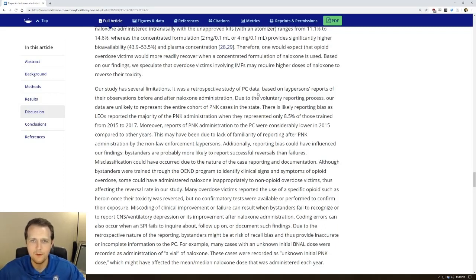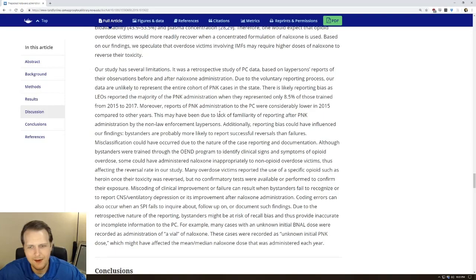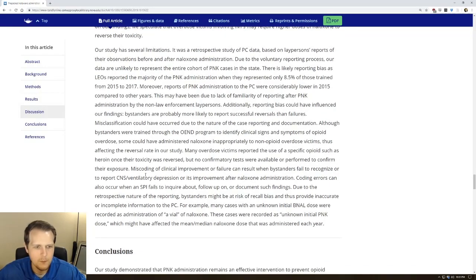Maybe it's expensive or not ethically feasible. Voluntary reporting is a common problem when you're looking at retrospective data. Reporting biases, law enforcement officers were the main people who were administering this. So again, you can go on and on about the different limitations here, but the authors will tend to focus on the key things that they thought could be influencing their results in terms of what has the biggest effects there.